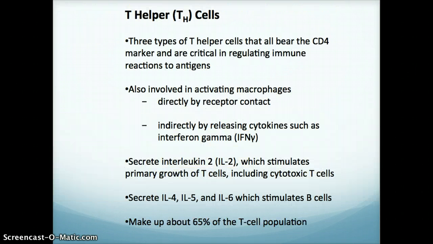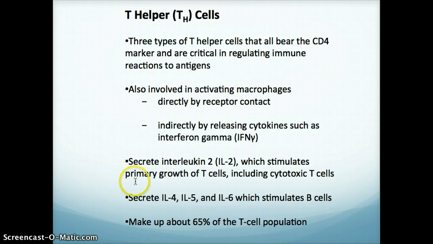So the T helper cells, once again, there's three types of these T helper cells that all bear that CD4 receptor, and they're critical in regulating the immune reactions. They also involve activating macrophages either directly by receptor contact or indirectly by the release of cytokines.